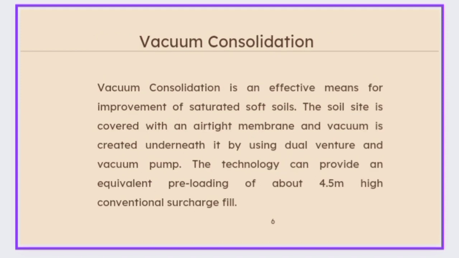Now coming to the second point, vacuum consolidation of soil for ground improvement. It is an effective means for improvement of saturated soft soils. The soil site is covered with an airtight membrane and vacuum is created underneath it by using a dual venturi and vacuum pump. Vacuum assisted consolidation preloads the soil by reducing the pore pressure.